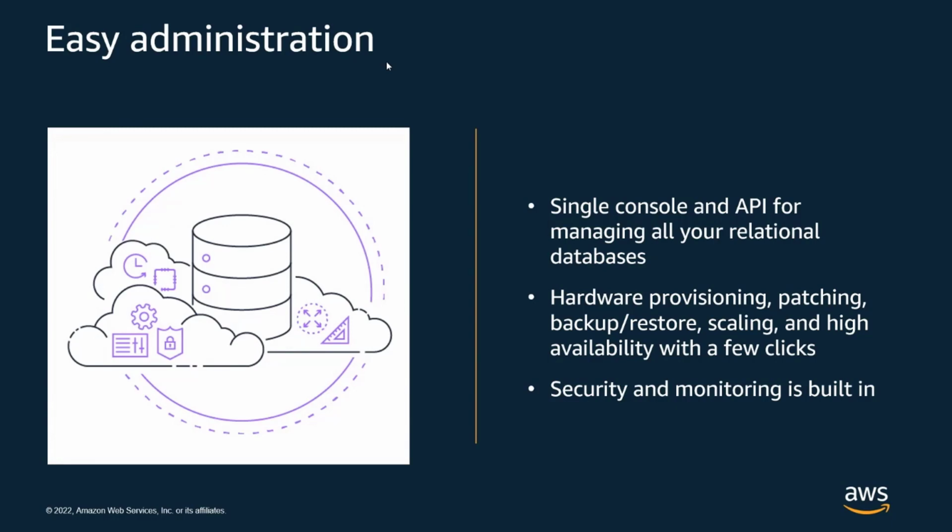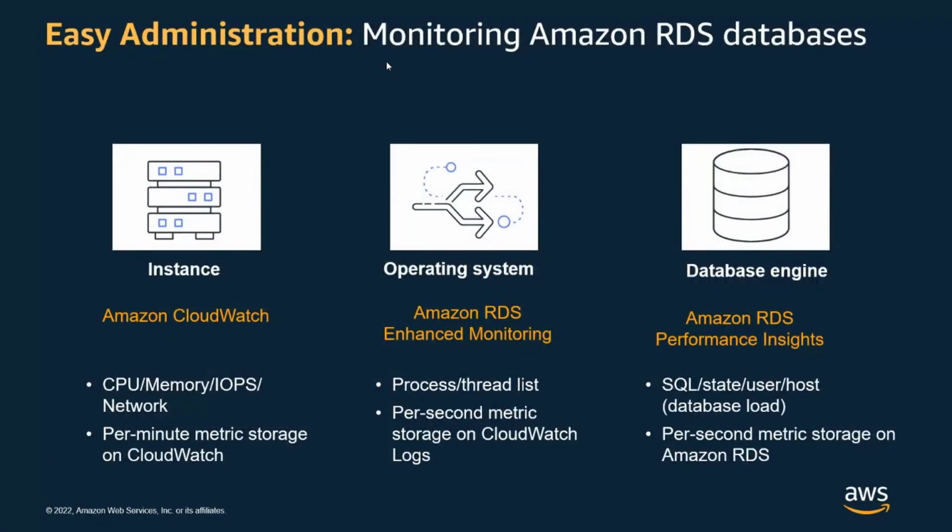With RDS, you get a collection of 15 to 18 monitoring metrics that are automatically available to you, which can be viewed in the RDS console, CloudWatch, or via the CloudWatch APIs. You can keep an eye on metrics like CPU utilization, memory, storage, and latency. You can either view the metrics through tools that Amazon provides, such as CloudWatch, Enhanced Monitoring, or Performance Insights, or you can pull the metrics into your own monitoring tool.